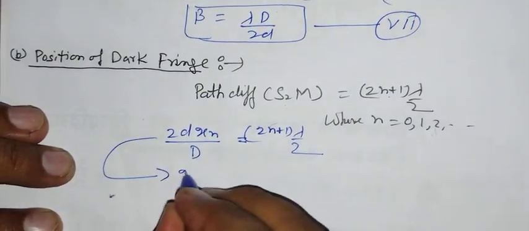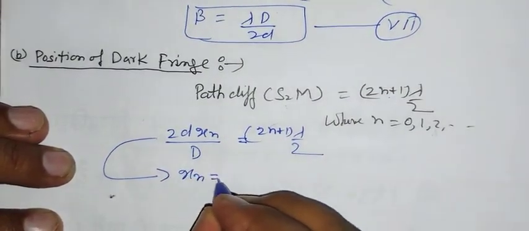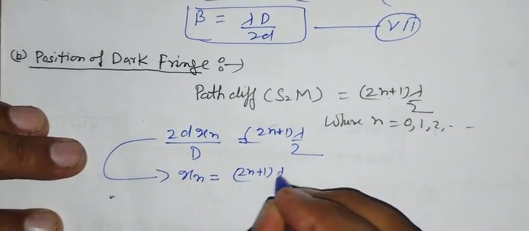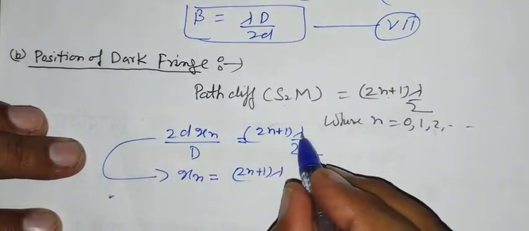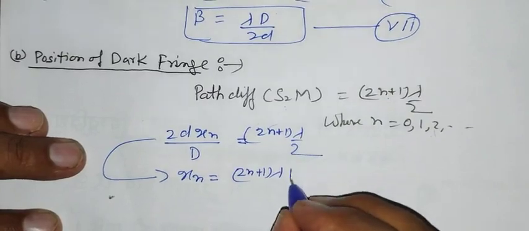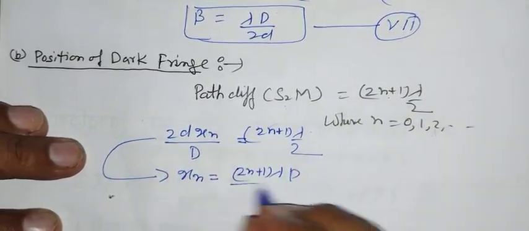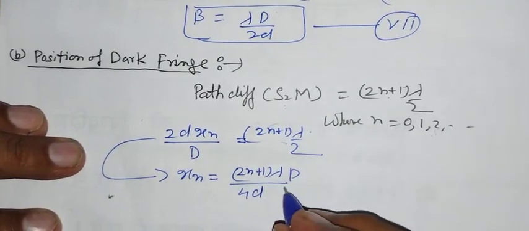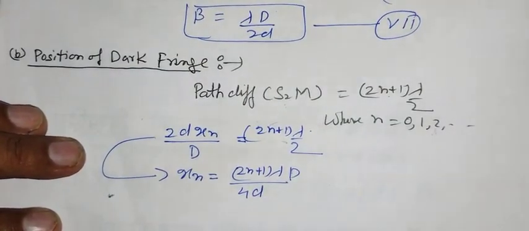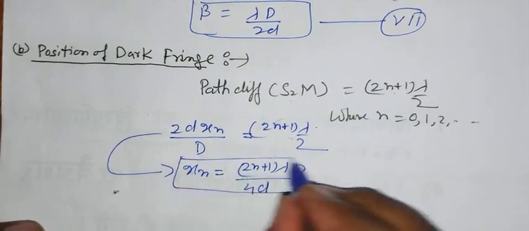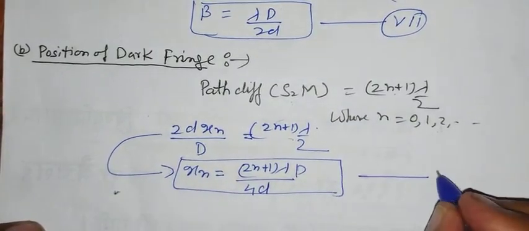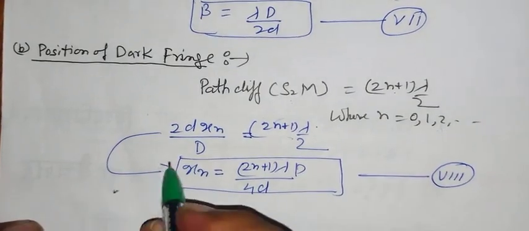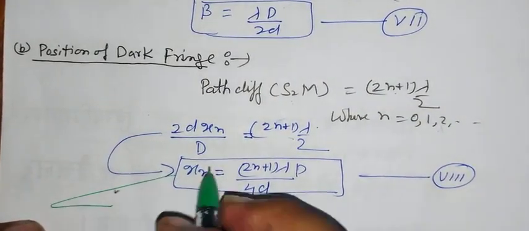By this relation one may write xn is equal to (2n plus 1) lambda capital D, cross multiplication, when 2 will come, 4d here. Now this equation for xn is represented by equation number 8. Now we are going to see xn at various places.